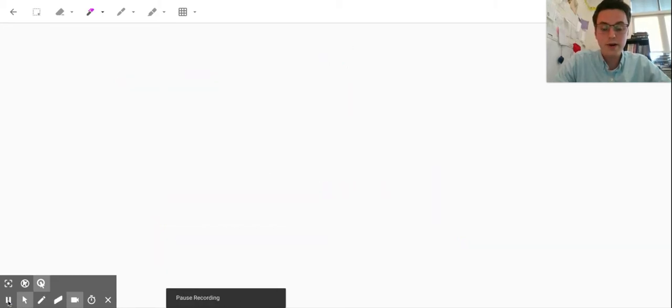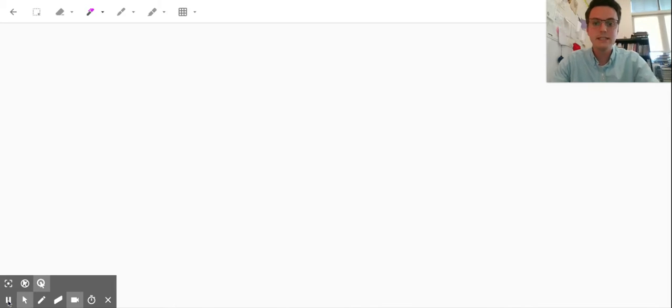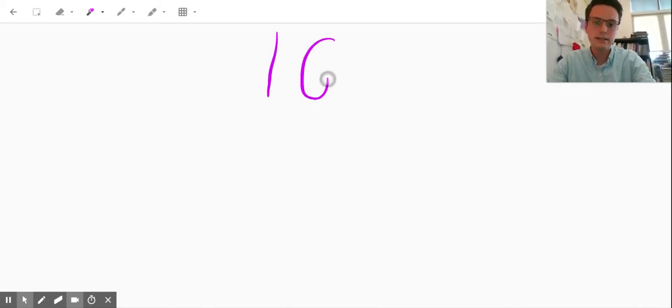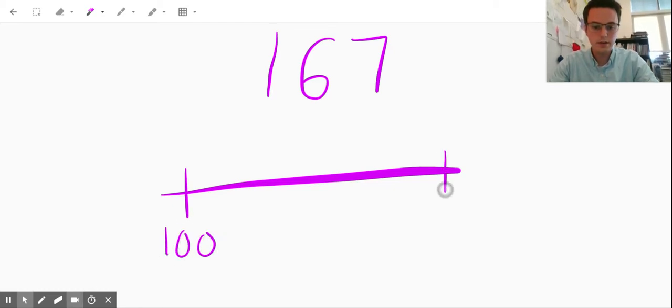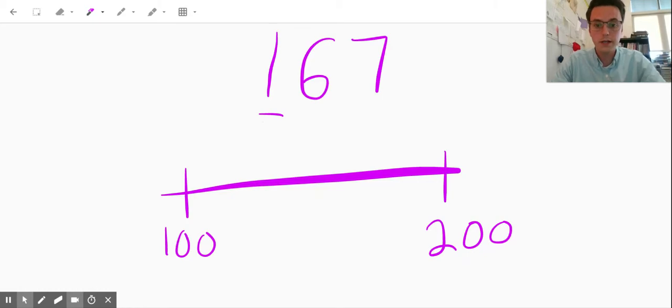Now let's say I want to round to the nearest 100. Let's say I have the number 167. On my number line again, the first 100 would be 100. On this end, 200. Notice that the 100 in the number that I'm rounding always matches the 100 on the left. All right, take a minute and discuss.